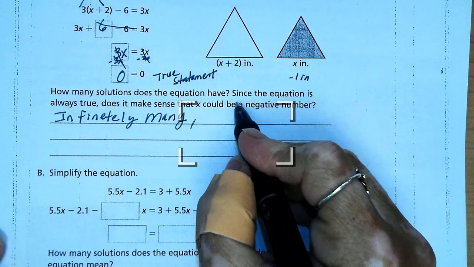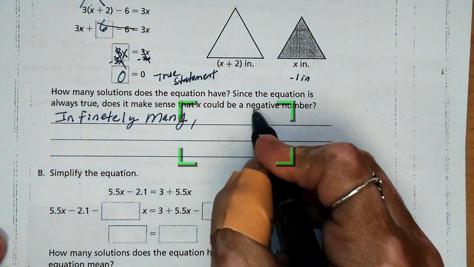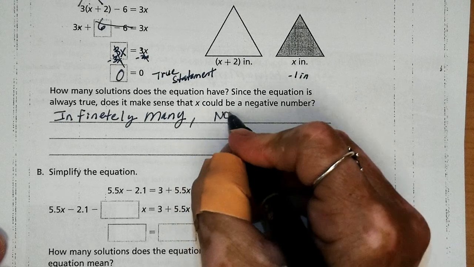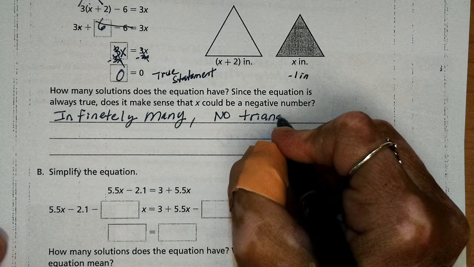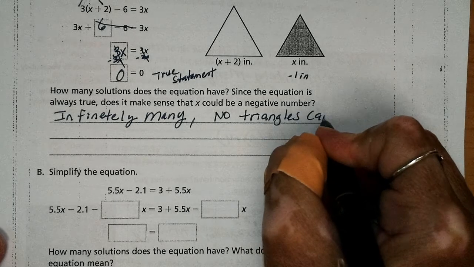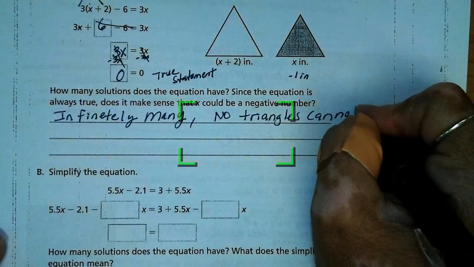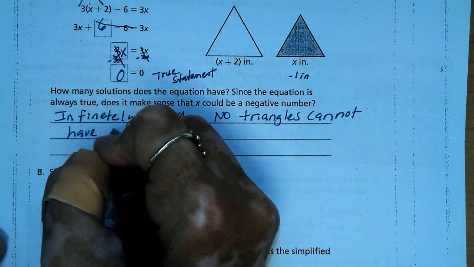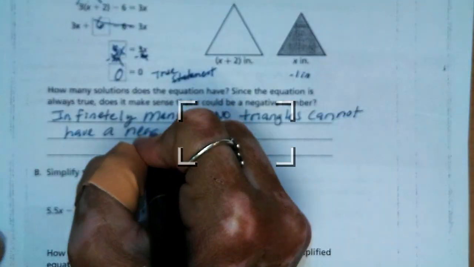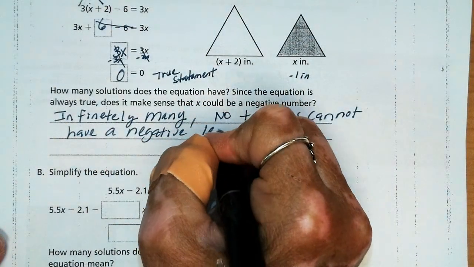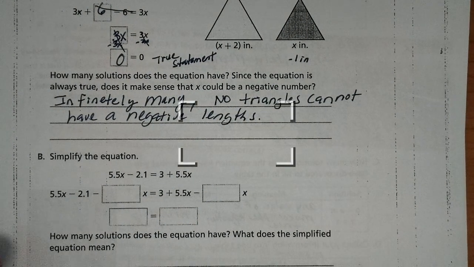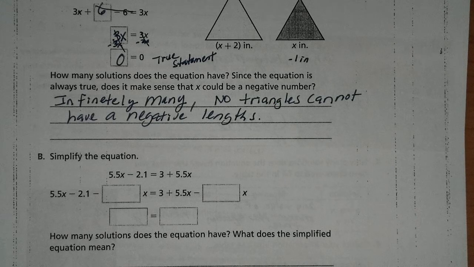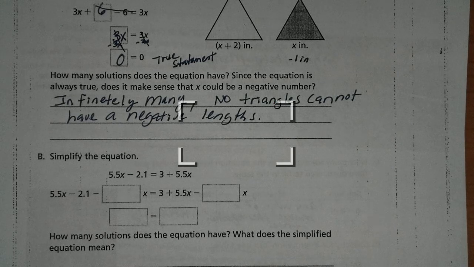So we'll put no, triangles cannot have a negative length. Just because it's infinitely many, sometimes we have to relate it to the type of problem that we're looking at.